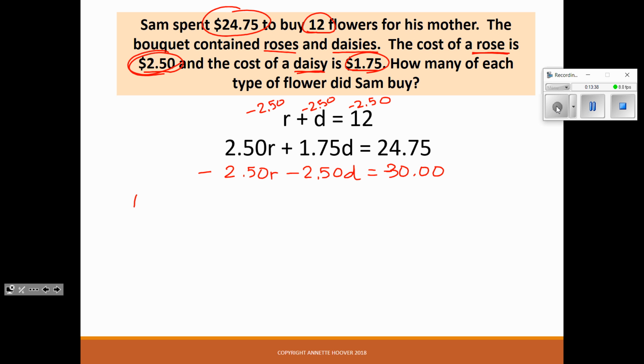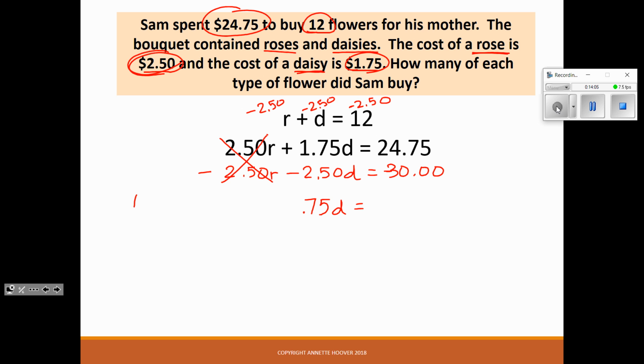Negative $30 because we had a negative. We created our opposite coefficients, so the 2.50 and the negative 2.50 are eliminated. We have a positive 1.75 and a negative 2.50, so I subtract them, and that would be a negative 75 cents for the daisies.